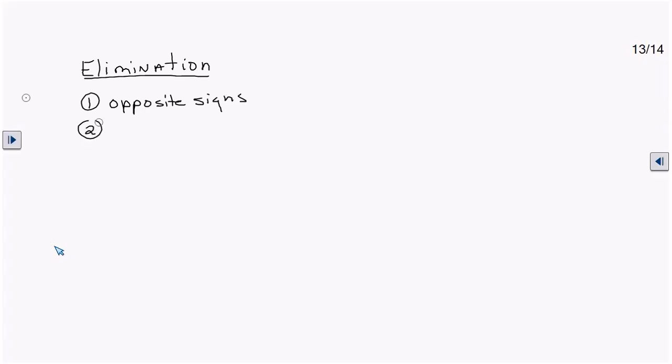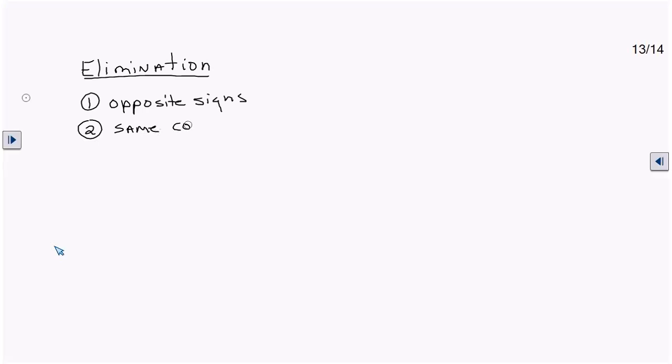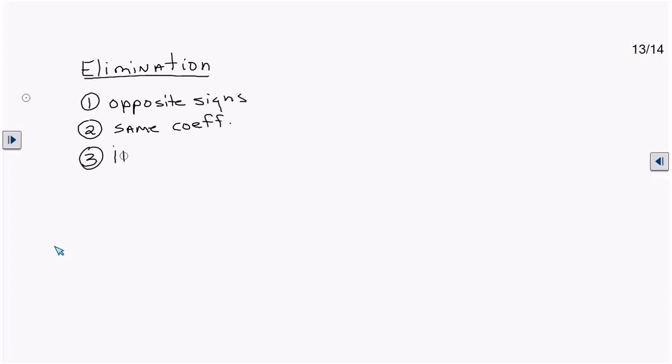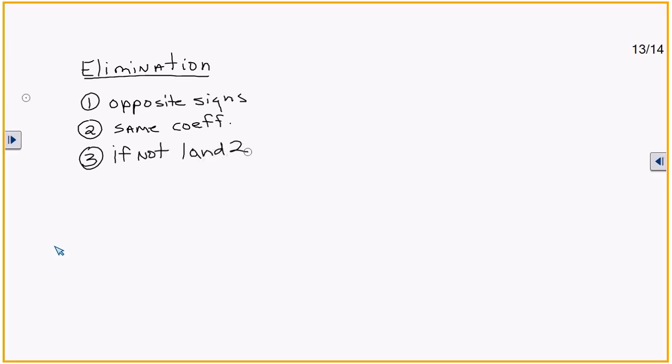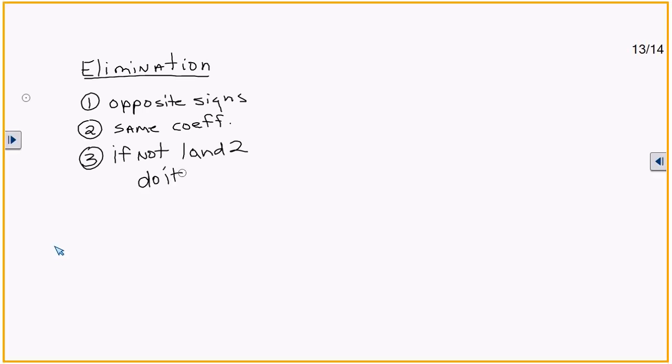Two, you look for same coefficients, or equal coefficients, same numbers. And three, if not 1 and 2, do it. In other words, if you don't have number 1 or number 2, you're going to have to find a way to do it.